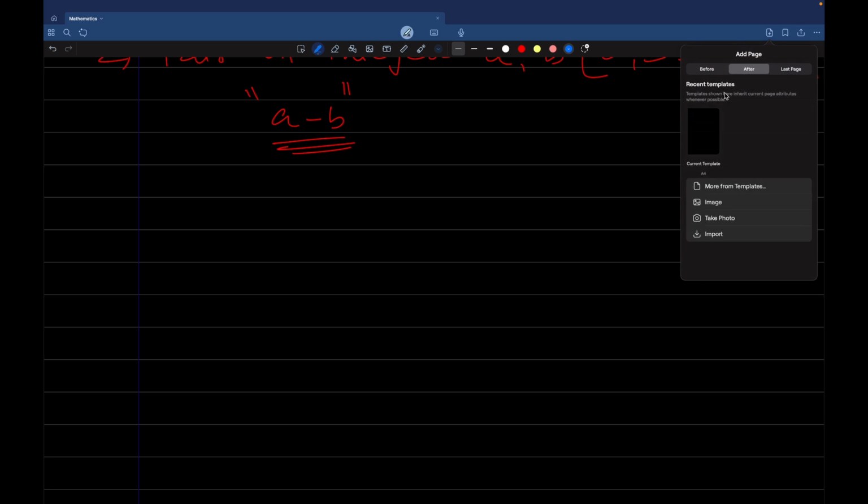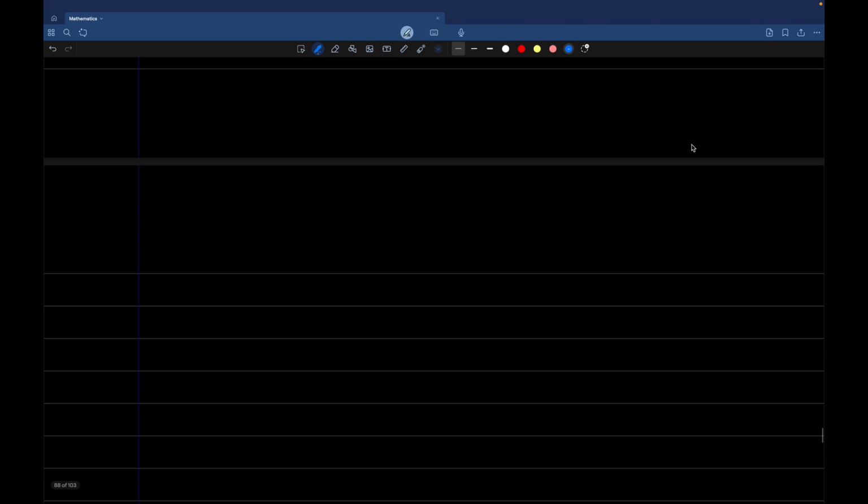Now let us first understand the logic for these questions. When we add 3 and 4, both are positive, so we will get a sum greater than both the integers.